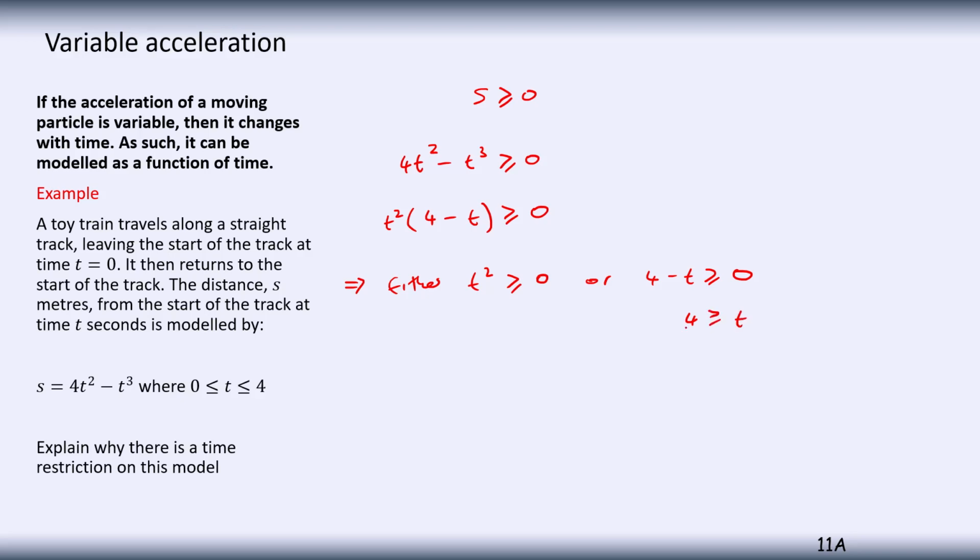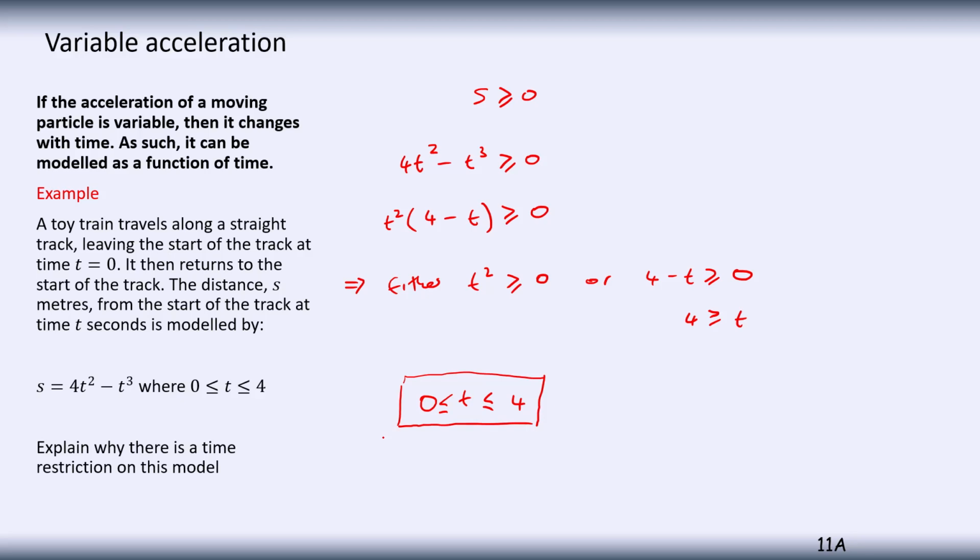So t is going to be less than or equal to 4, but t is also going to be greater than 0, because having a negative time is not going to make any sense in this instance. So that means t is greater than or equal to 0. But at the same time, t is less than or equal to 4, which is why we've got that time restriction there.